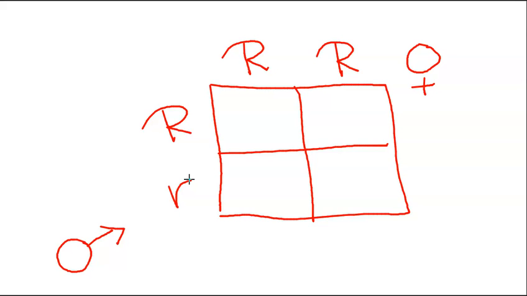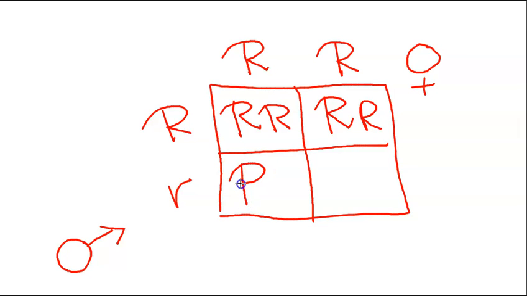The first square is going to combine the 2 R's, so we have a homozygous dominant square there and another one here. Then we put the big R together with the little r, and again, the big R together with the little r.